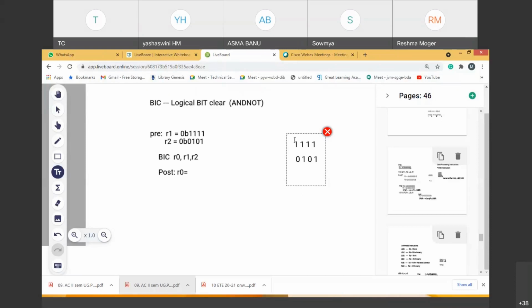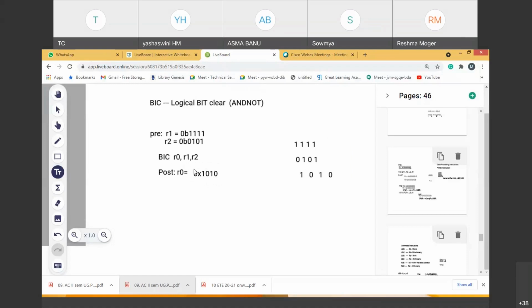Do the NOT of it: 0. Then 1 and 0 gives 0. Do the NOT of it: 1. 1 and 1 gives 1. Do the NOT of it: 0. 1 and 0 gives 0. Do the NOT of it: 1. So 1, 0, 1, 0. That's what the answer is written as for R0. For this R0, the result is 0b1010. So this is how bit clear works.